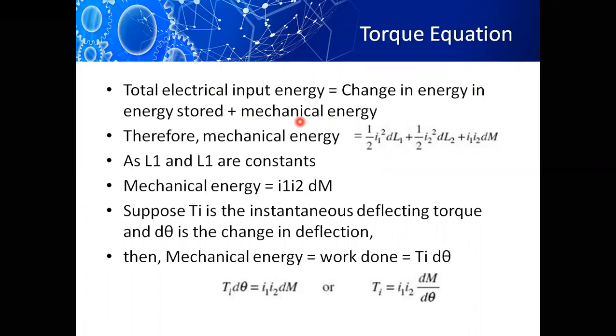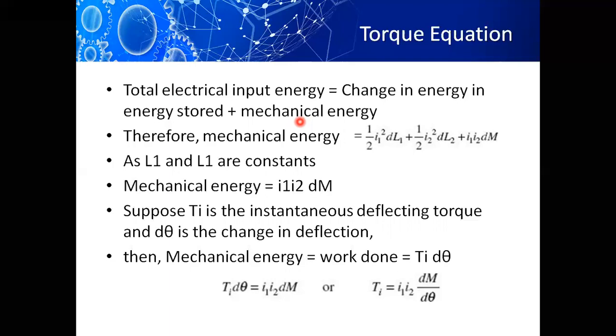Movement in the coil is what we call mechanical energy, and energy which is stored is in magnetic fields because of L1, L2 and M. So by the law of conservation of energy, total energy input is equal to change in energy stored plus mechanical energy.